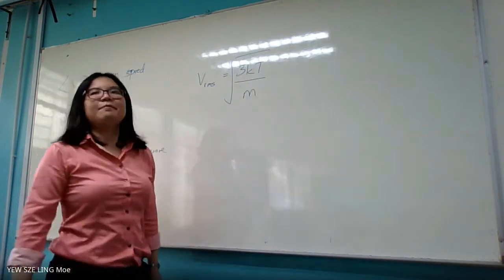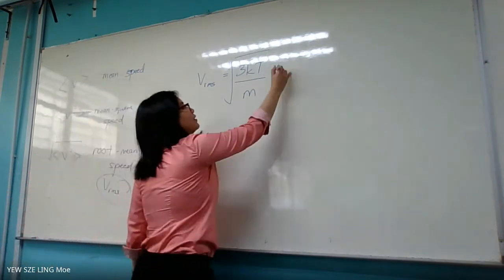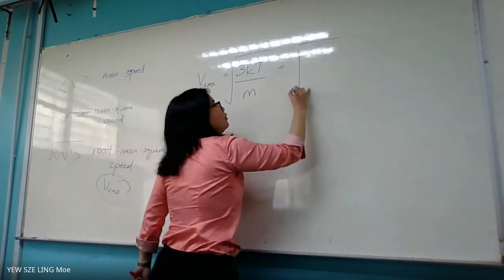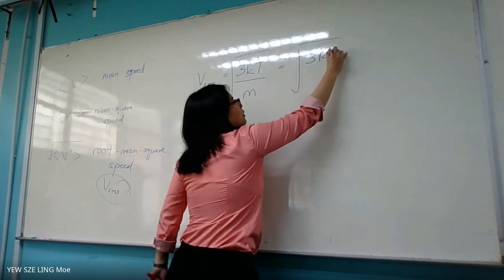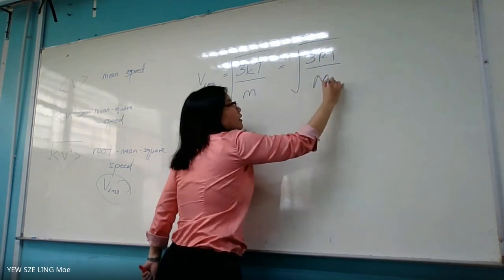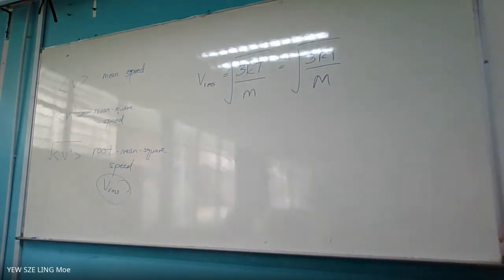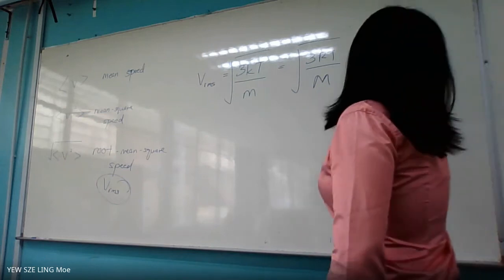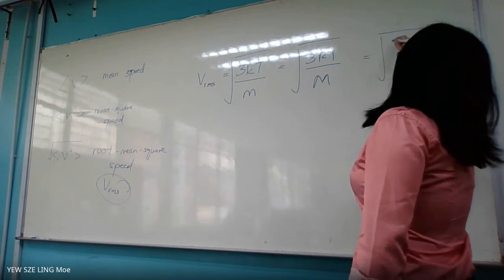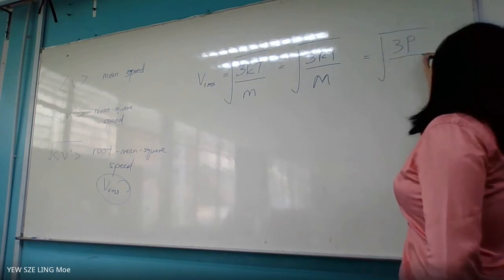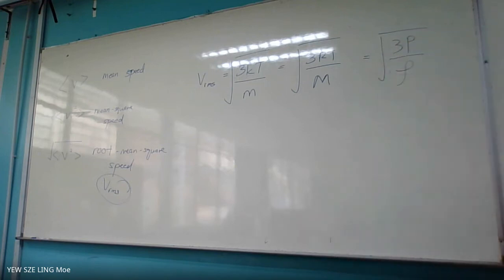At the same time, VRMS also equals the square root of 3RT over capital letter M. And one last equation based on the derivation: it equals the square root of 3 pressure divided by the density rho. This symbol represents density.